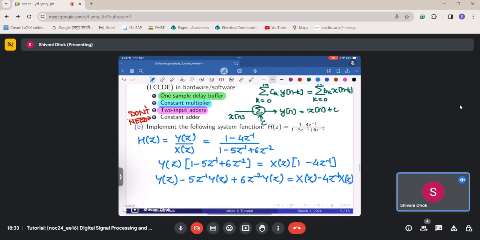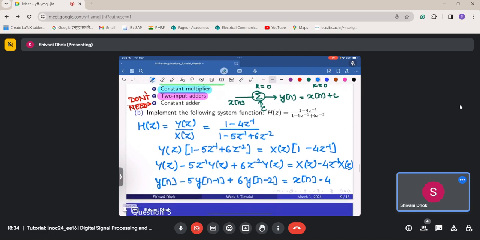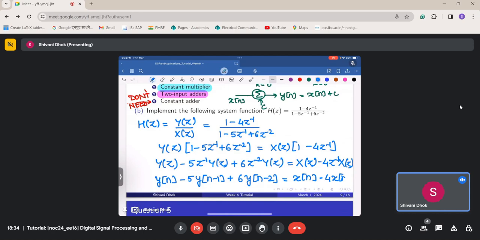Now let us take the inverse z transform. So we have y of n minus 5 times y of n minus 1 plus 6 times y of n minus 2, equal to x of n minus 4 times x of n minus 1.